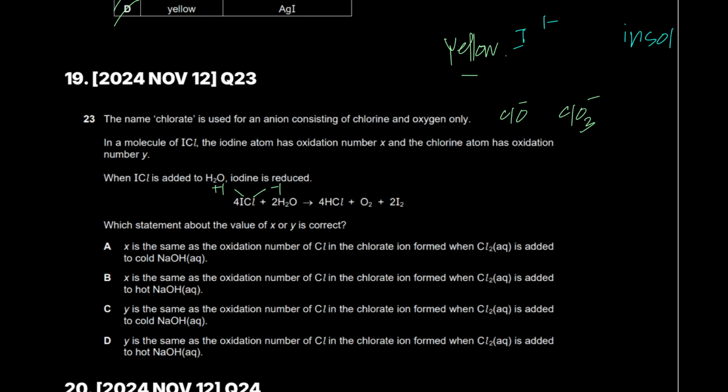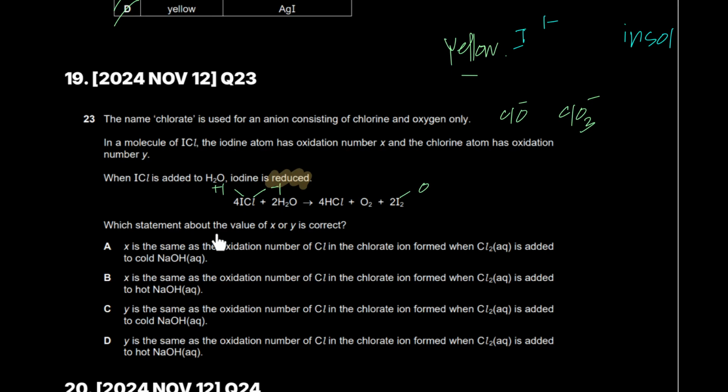Even if you did not know this, he's saying that iodine is reduced. If iodine goes from +1 to 0, it is reduced. But if it were -1 going to 0, it would be oxidized. So it only makes sense to give iodine +1 and chlorine -1, although you should know that chlorine is more electronegative than iodine, therefore chlorine is -1 and iodine is +1.